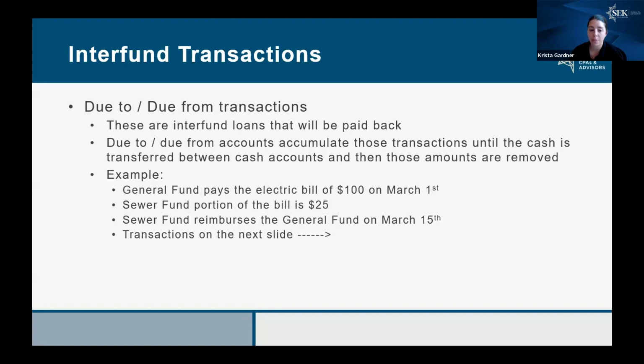This entity tracks their expenses in a certain way that they know it's either a certain percentage, or maybe there's a separate meter at a sewer facility where $25 of that $100 bill is the sewer fund's portion. So the general fund pays the entire $100 and the sewer fund owes the general fund $25. The sewer fund then reimburses the general fund 2 weeks later.